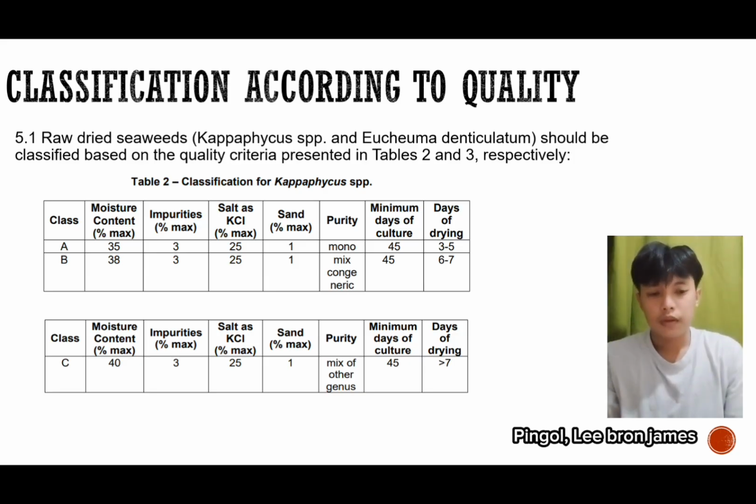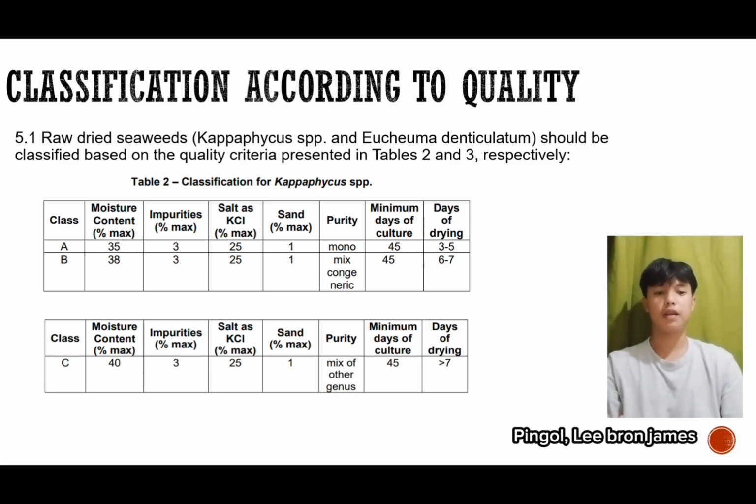So Class B has a bit more moisture and may include some mixed species, dried for 6 to 7 days. And the last one is Class C, has lower purity, mixed genera, and is dried for more than 7 days. So this grading helps identify which seaweeds are premium quality and which ones are lower grade.